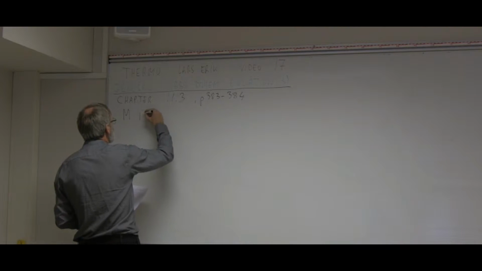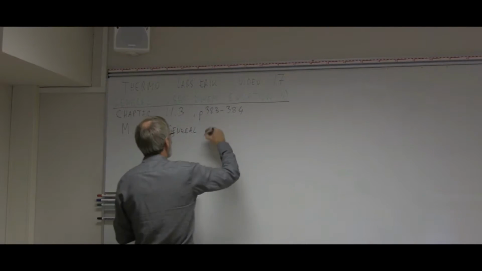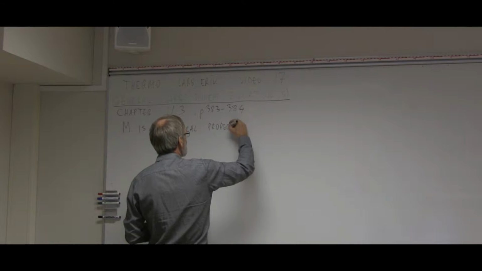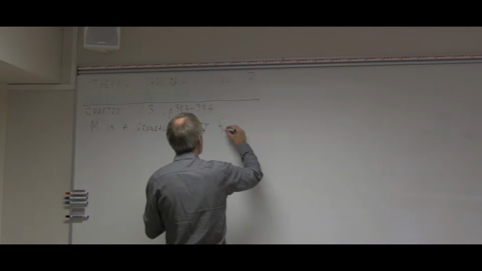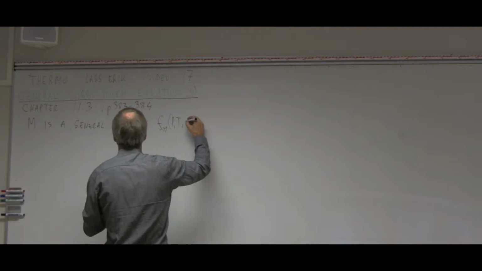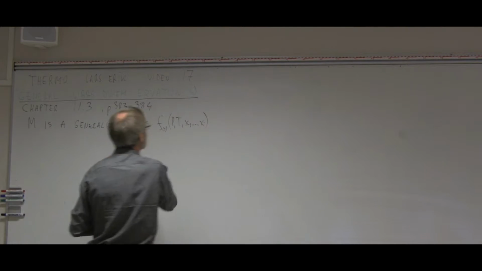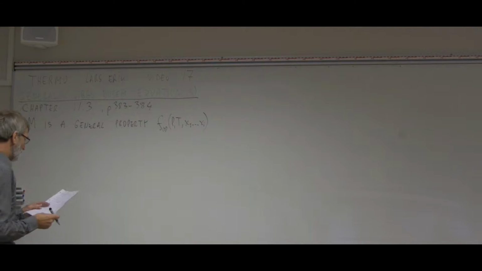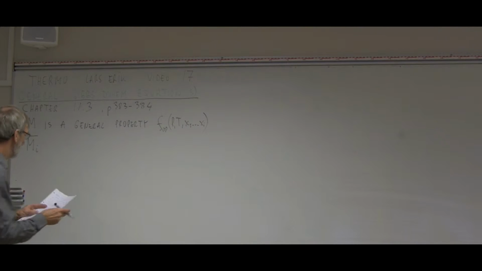The property M is a general property with a function of pressure, temperature, and the composition. The symbol here is the partial molar property.